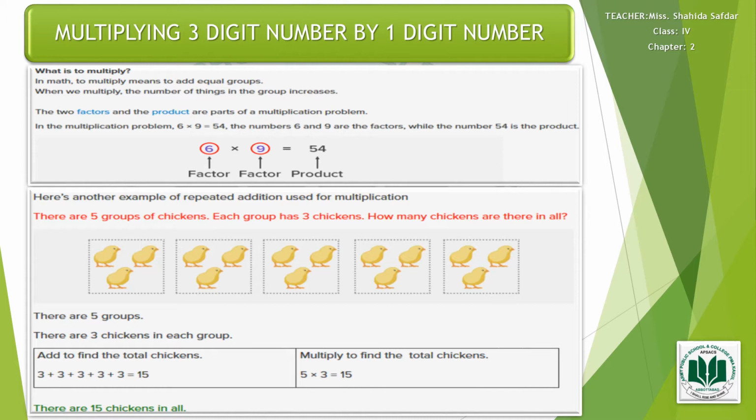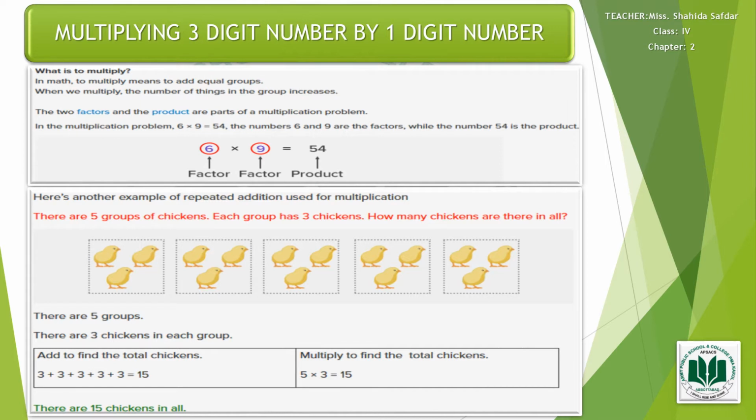The two factors and the products are parts of a multiplication problem. For example, when we multiply 6 and 9, we get the answer 54. Here, 6 and 9 are the factors and 54 is the product.